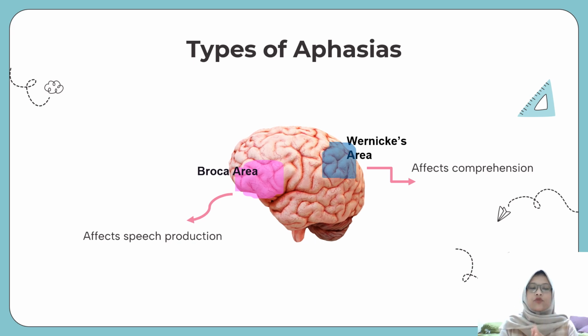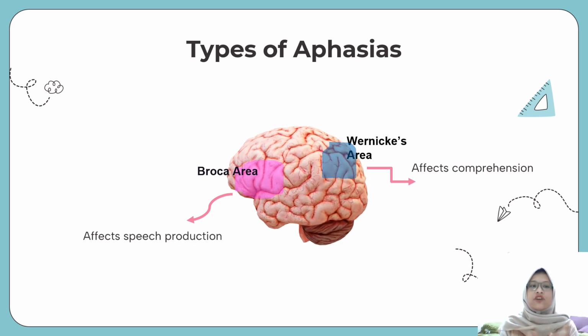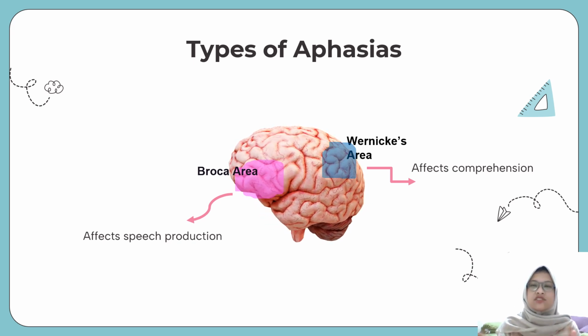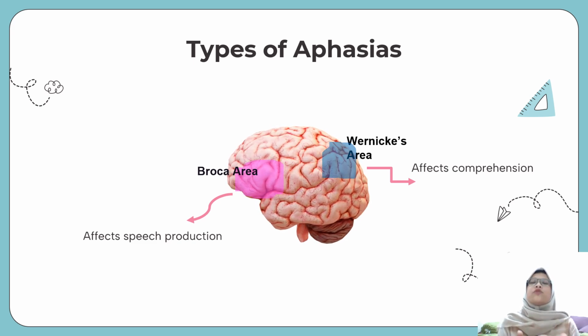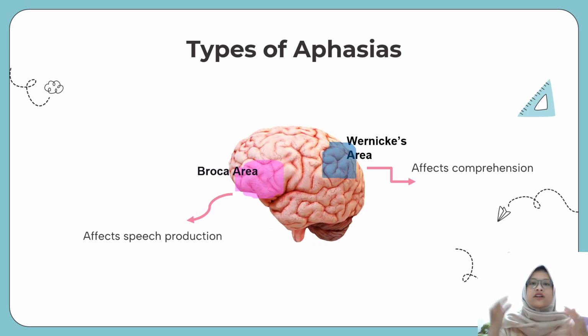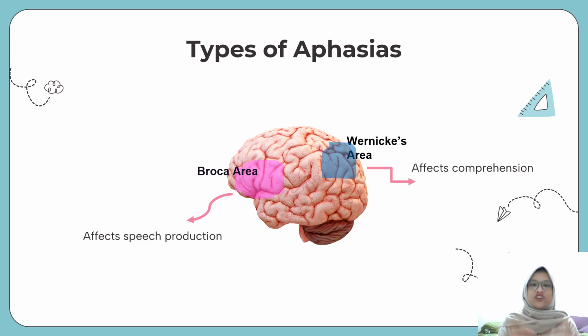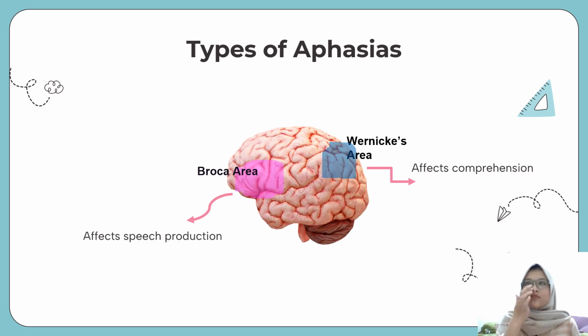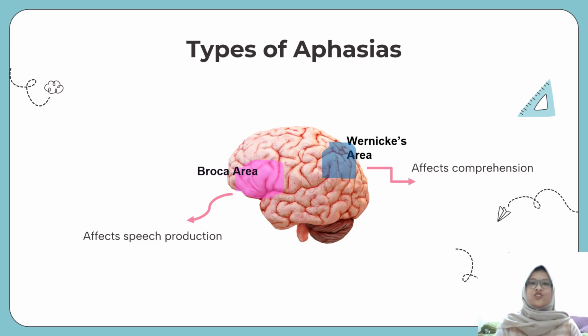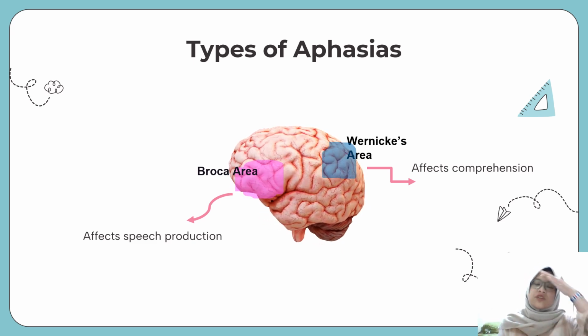And for Wernicke's area, it affects the comprehension. So this is like the reversal of the Broca's area, where people with Wernicke's area damage, they could pronounce fluently. There's nothing wrong with their speech, but they have troubles with comprehension.